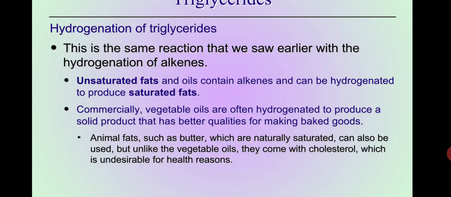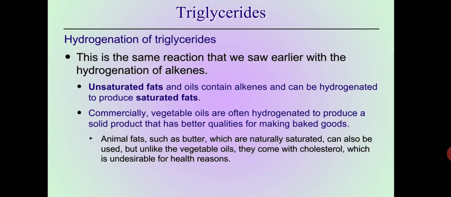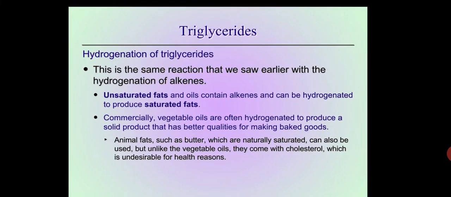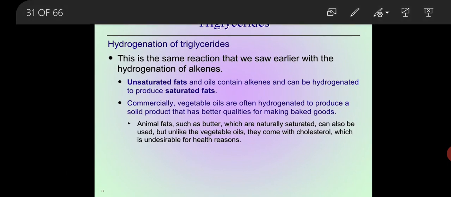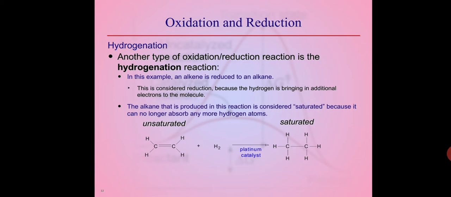Why in bakery? Because of this, things stay hardened, and in bakery things get smooth and hardened. That is why they use these hardened fats. Animal fats such as butter, which are naturally saturated, can also be used, but butter has some undesirable health effects. That is why people are not using them. Okay, so hydrogenation is an easy one.